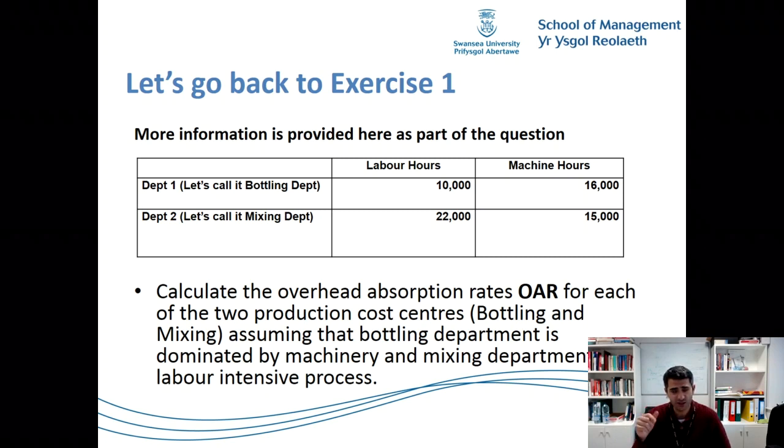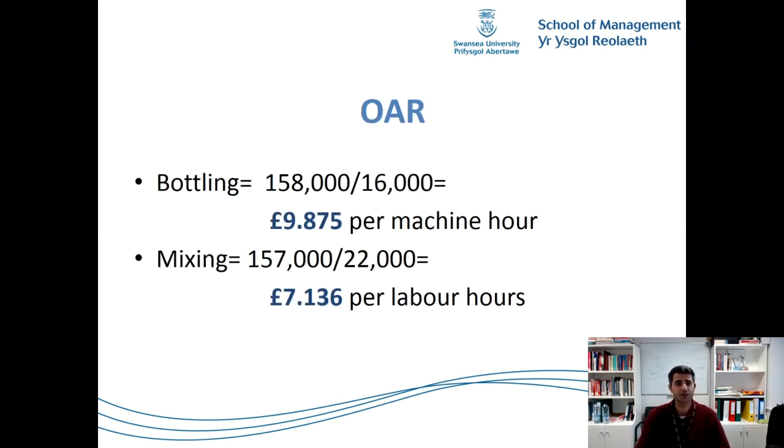For mixing, department 2, it was £157,000, and you divide by labor hours, 22,000. So in this case, you find for bottling £9.875 per machine hour, and for mixing £7.136 per labor hour.